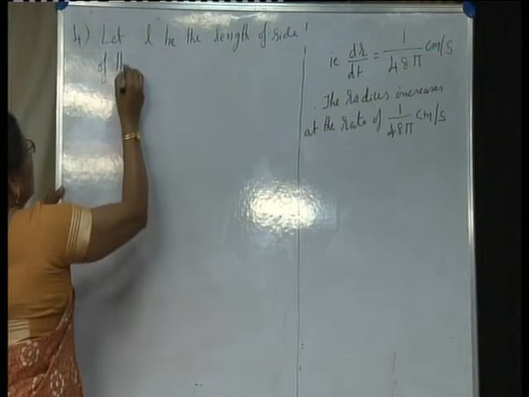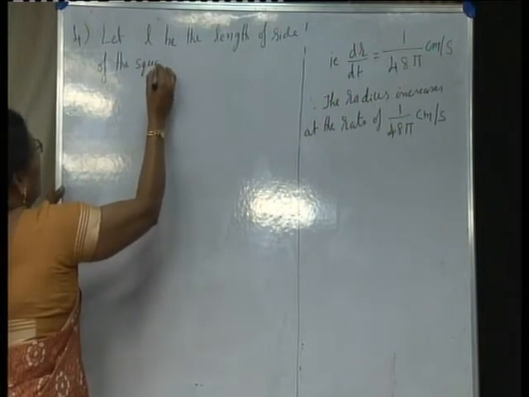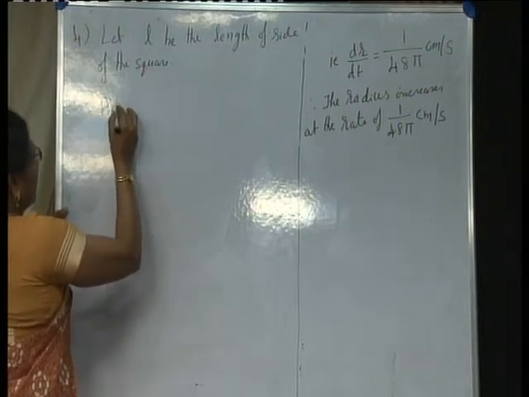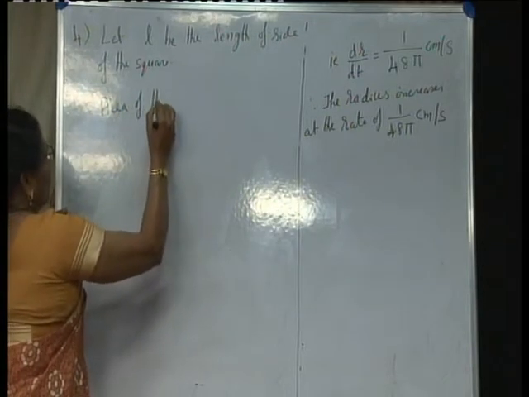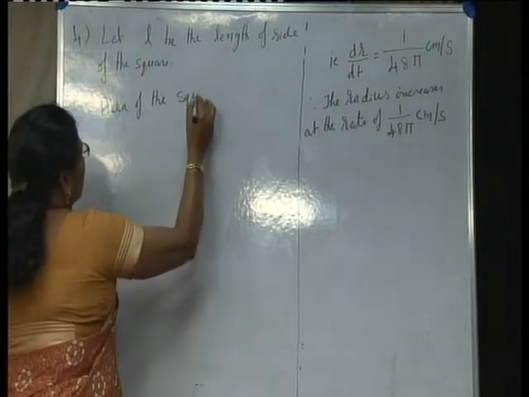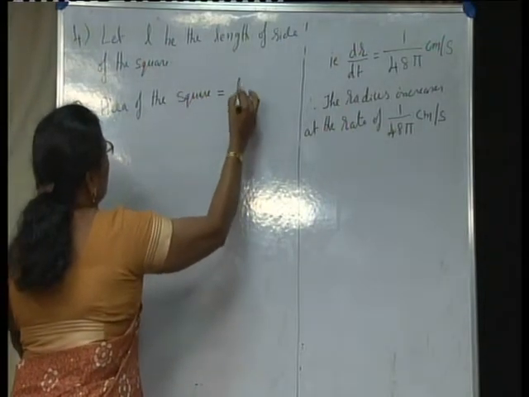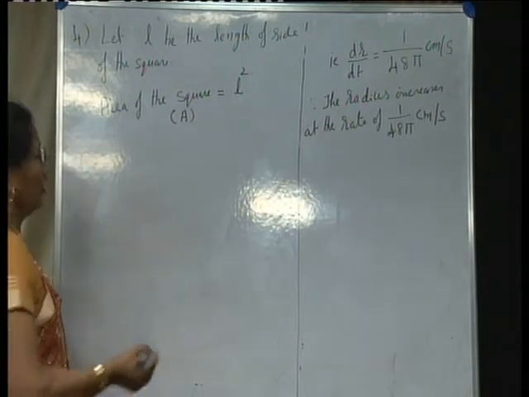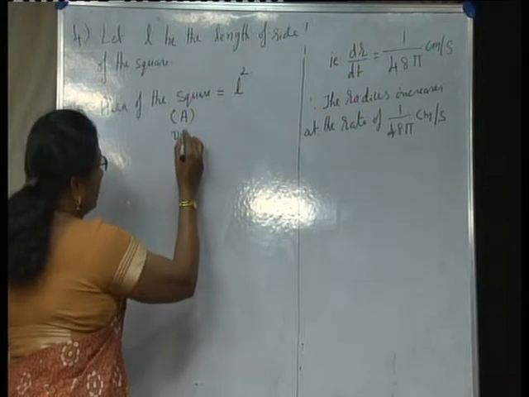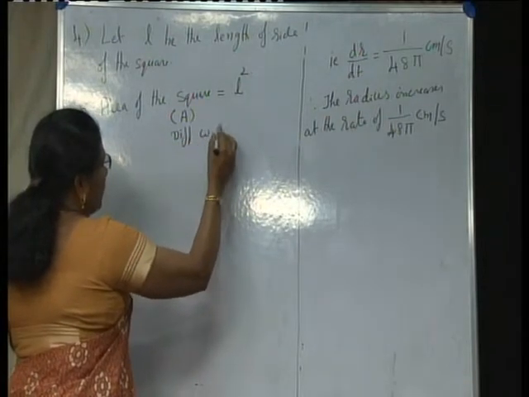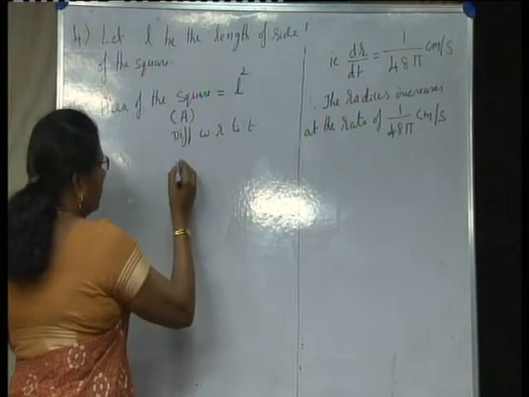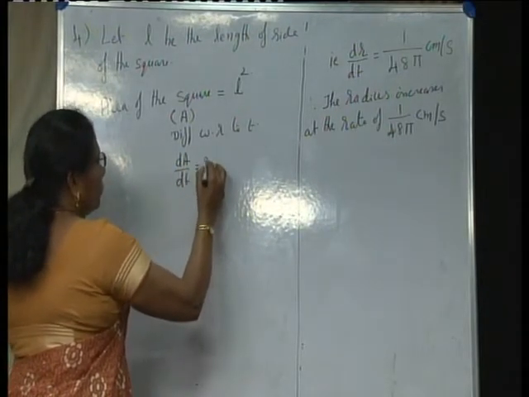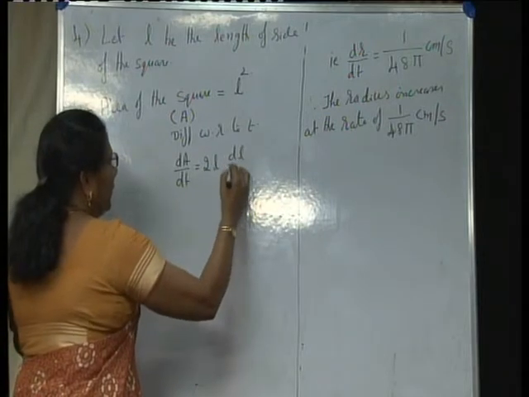The area of the square is equal to L square. Differentiate with respect to t. dA by dt is equal to 2L dL by dt.